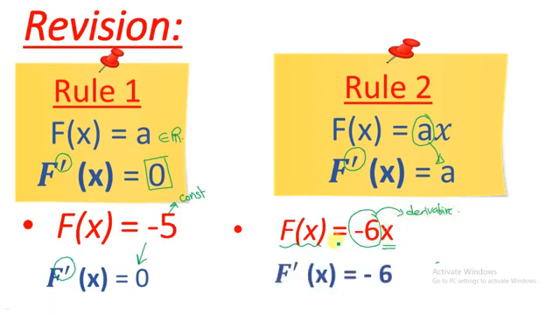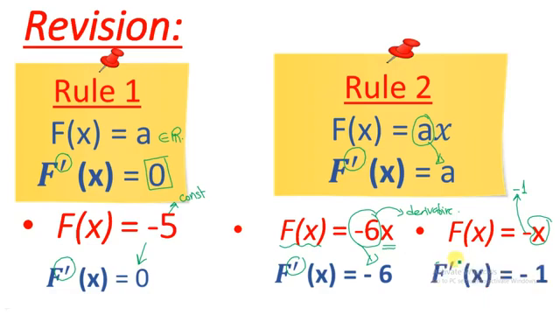So f prime of x will be equal to minus 6. If I have f of x equals minus x, what is the number multiplied by x? The number is minus 1. So what is the derivative of f of x? The derivative, f prime of x, equals minus 1, which is the number multiplied by x.